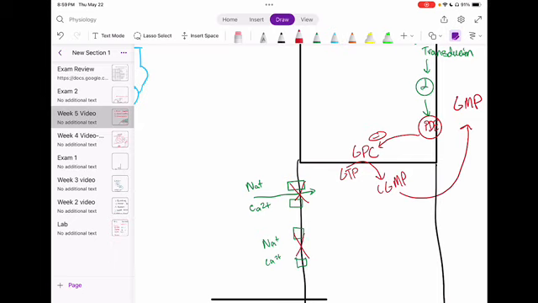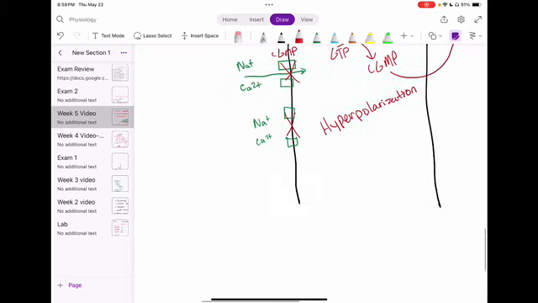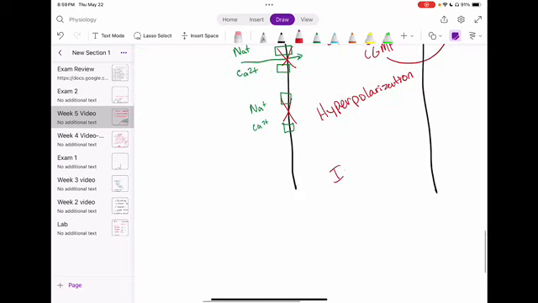These are closed because this requires cyclic GMP, which we do not have. What this causes is hyperpolarization, and in effect, this causes an IPSP.